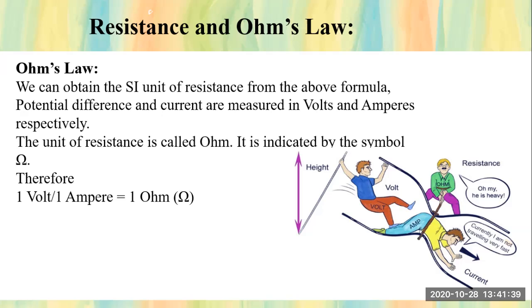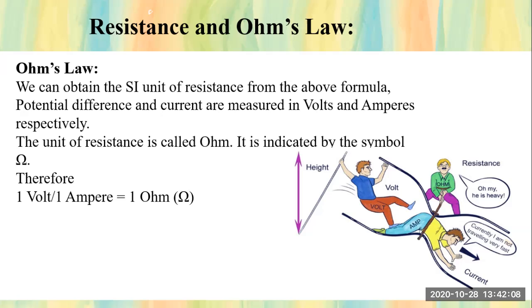It is saying, oh my god, he is very heavy, the current is very heavy, it is very hard for me to stop him. But literally the current is flowing. So this diagram is a cartoon form of Ohm's law, which helps you understand very well what Ohm's law is. Did you understand Ohm's law, everyone? I hope you have understood it well.